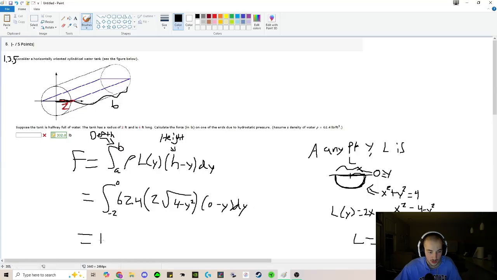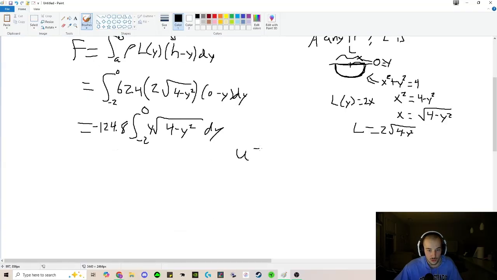This is going to be 124.8 times the integral from -2 to 0, and this negative from negative y comes out, and then we're just left with y times the square root of 4 minus y squared.